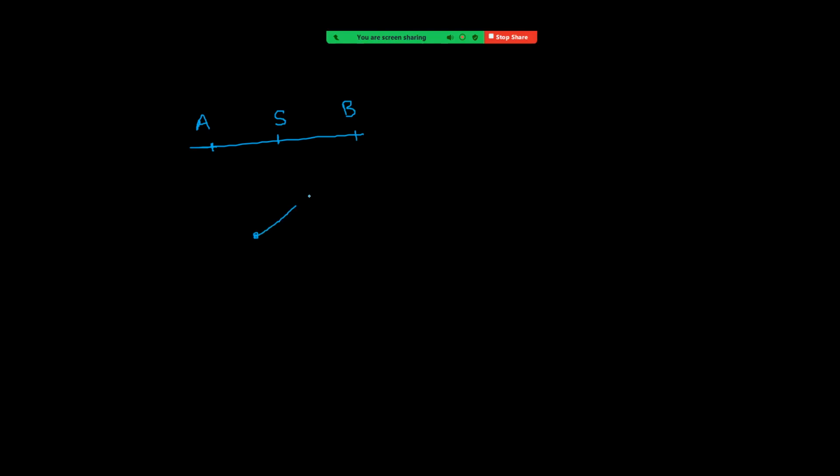With respect to that origin, the position vector of this point, take it as R2 bar, and for this point, the position vector is R1 bar, and the position vector of the source, take that as R bar.